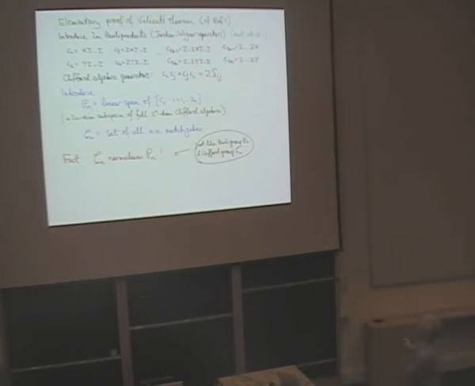And they satisfy these algebraic relations. They anti-commute, so C_i C_j plus C_j C_i is zero, which means different ones anti-commute with each other, and they each square to the identity.